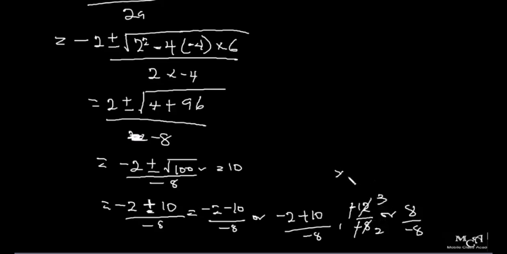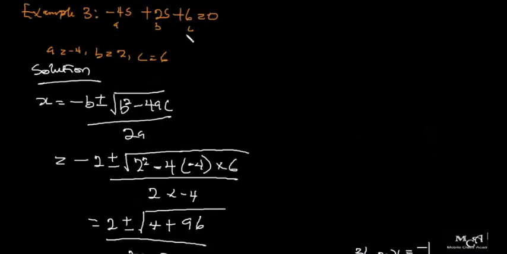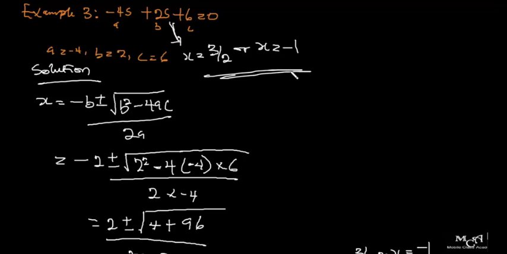So our x equals 3 over 2, or 8 goes here 1, 8 goes here 1. Because of this minus, we are going to have minus 1. So our x equals 3 over 2, or x equals minus 1. The solution to this question is x equals 3 over 2, or x equals minus 1. So this is the solution to the question we have here.